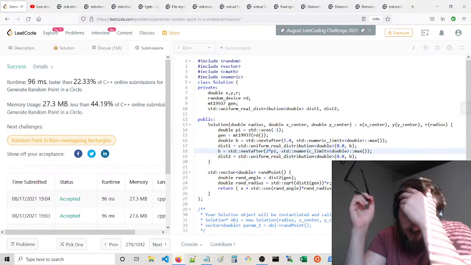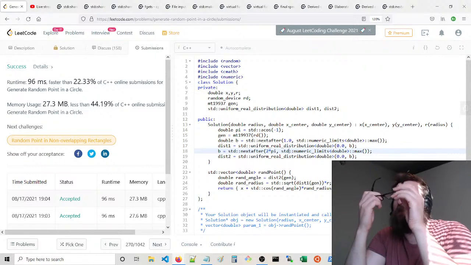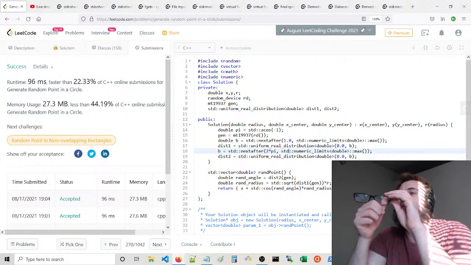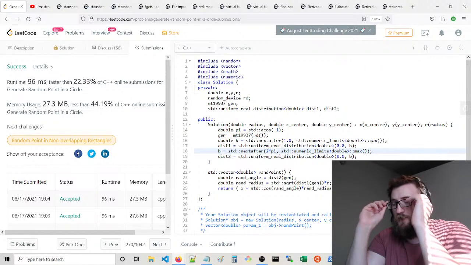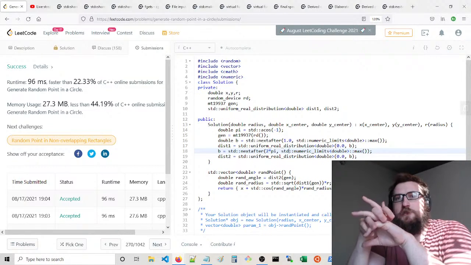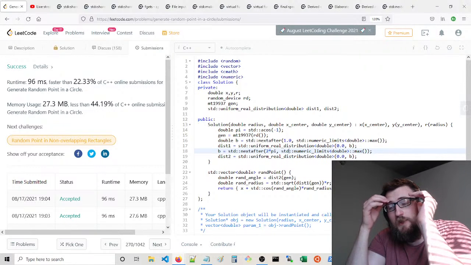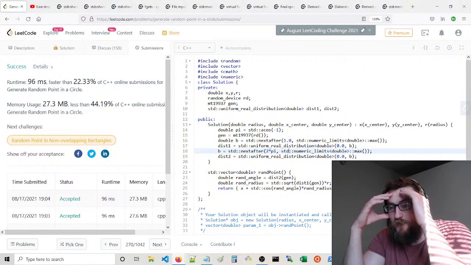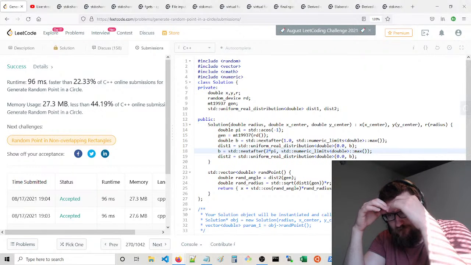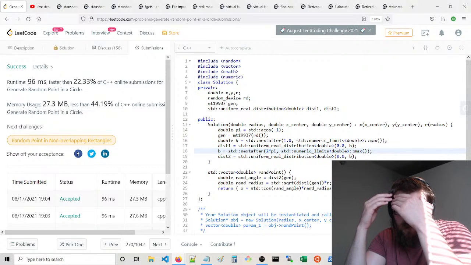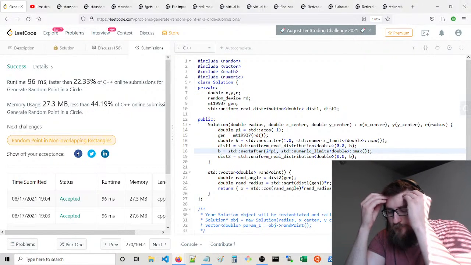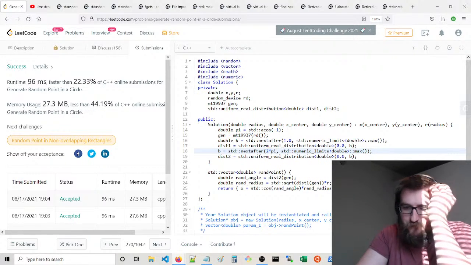Because as you increase the radius, you increase the area proportionally quadratically, which means the number of points that are less than that radius increases quadratically as well in a circle.